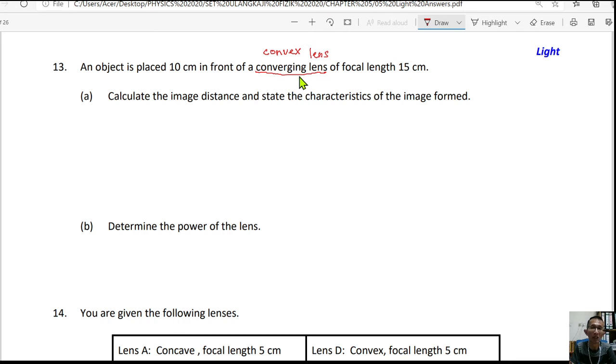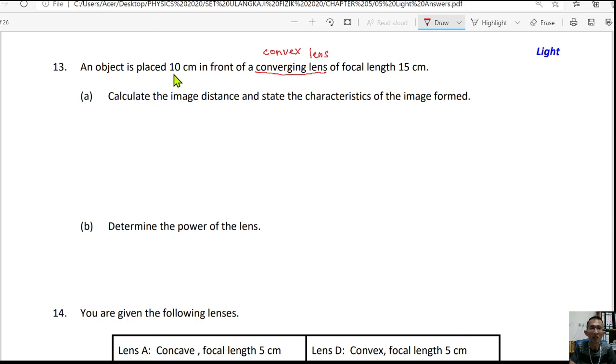Why do we call it kanta penumpu? Because the ray will be tumpu, will be converged to a focal point. That's why we call it a kanta penumpu. Ditumpu ke titik fokus. And the focal length is 15 centimeter.